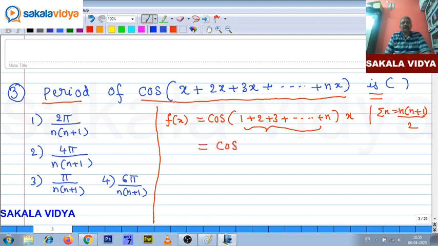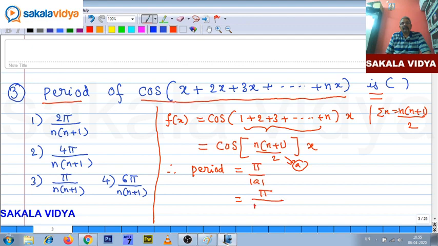So that is cos of n into n plus 1 by 2 of x. Directly I shall switch over to the formula. What is the period of cos of ax plus b? That is pi by mod a. Here a stands for this value. So pi by n into n plus 1 by 2. So 2 comes up, that is 2 pi by n into n plus 1.